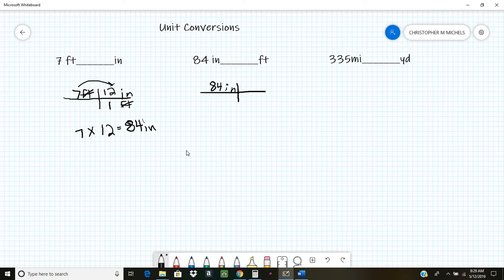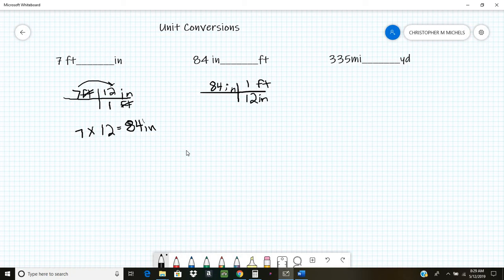But we look right here, inches is right here, so inches has to go right here, because the same units have to be diagonal. If you're going to use this method, that is the cardinal rule, that the same units diagonally, always.